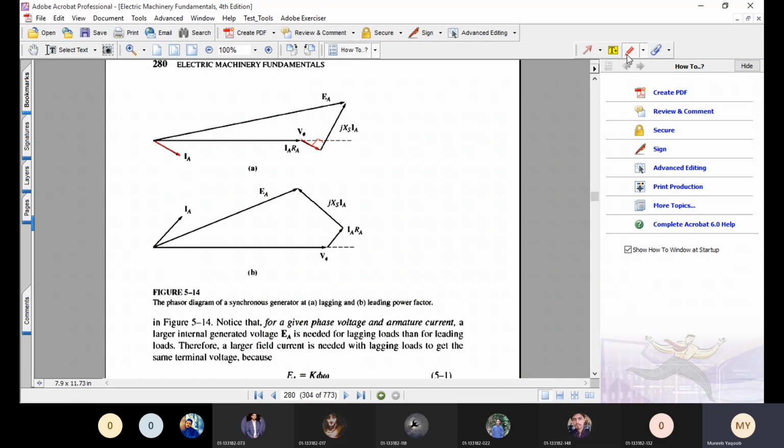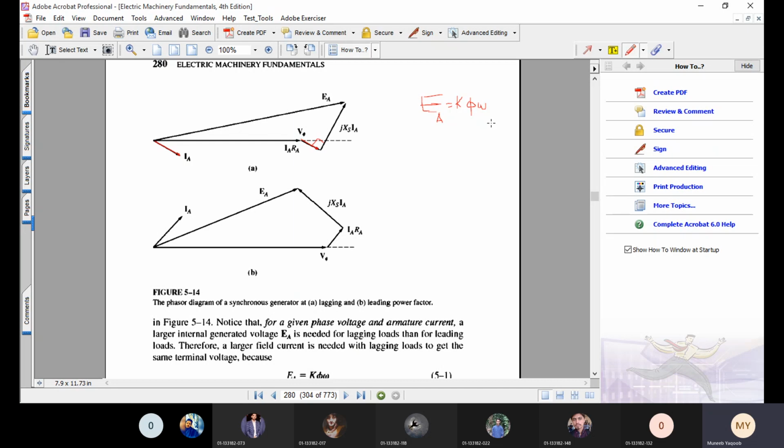Now the equation of EA is EA equals K phi omega, which means that if we want to have a bigger internally generated voltage for a lagging load, then we must provide the generator with a larger field current, because K is constant and the generator runs at a constant speed, so we can't change K and omega.